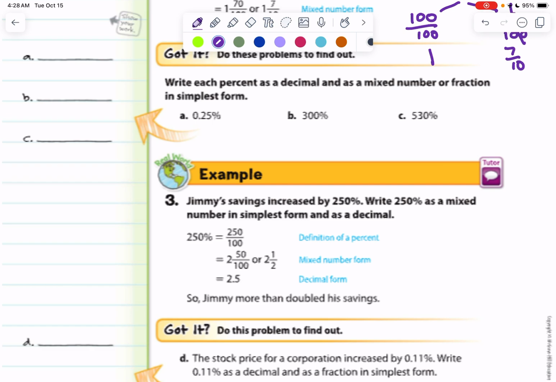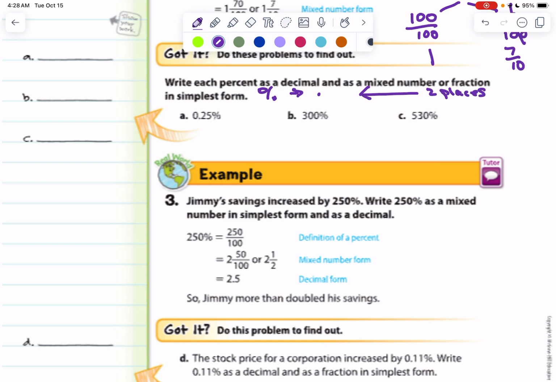Write each percent as a decimal and as a mixed number or fraction in simplest form. All right, remember when we are converting from percent to decimal, we move 2 places to the left.